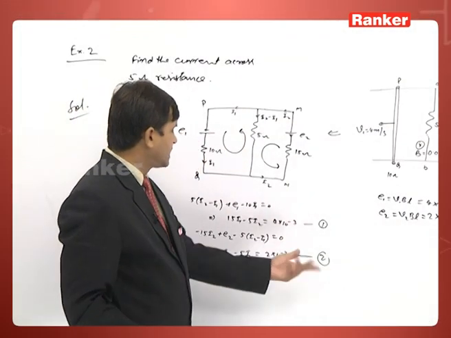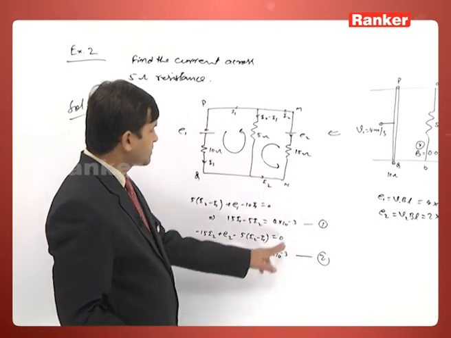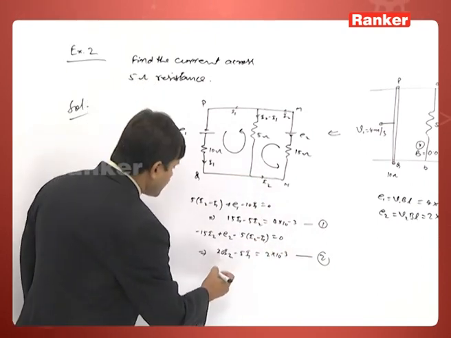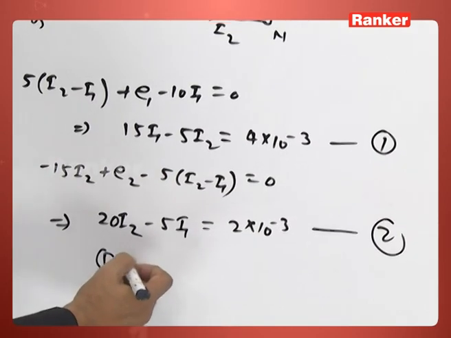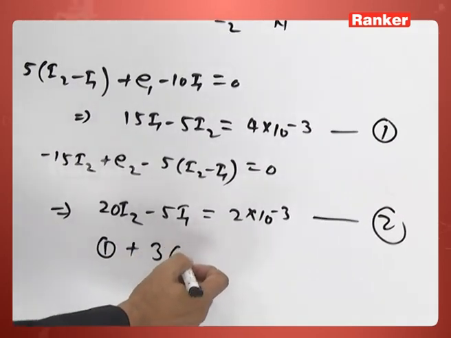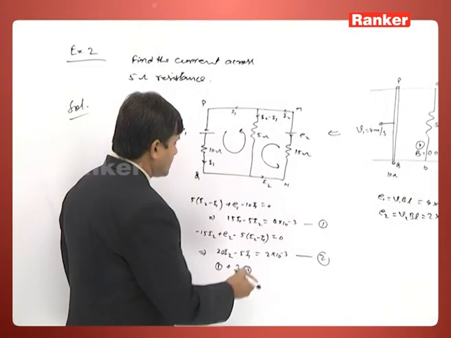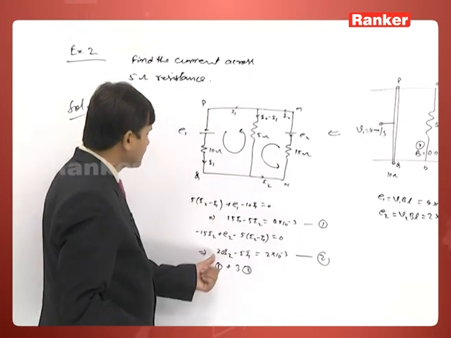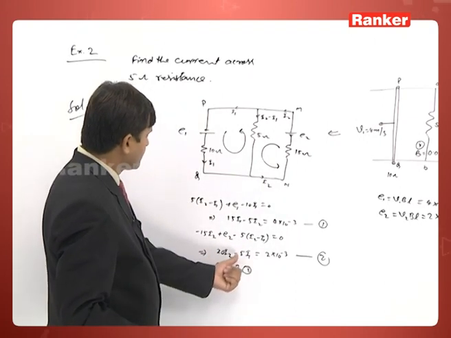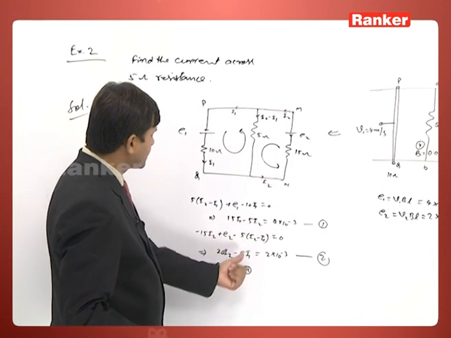Now one thing we can do is add equation 1 plus 3 times equation 2. When we multiply equation 2 by 3, the I1 terms will cancel.